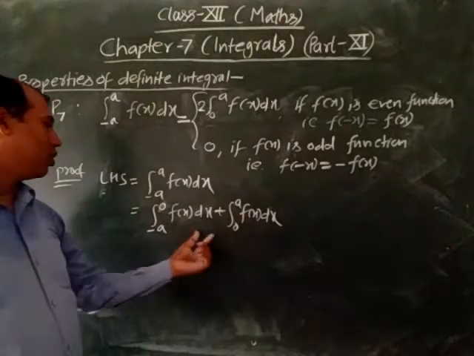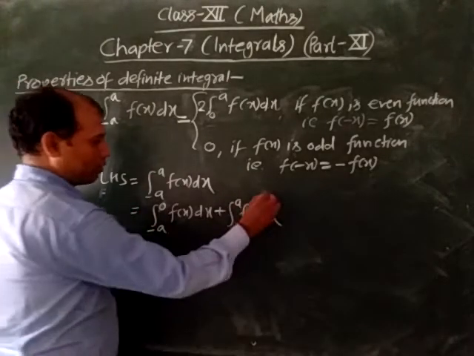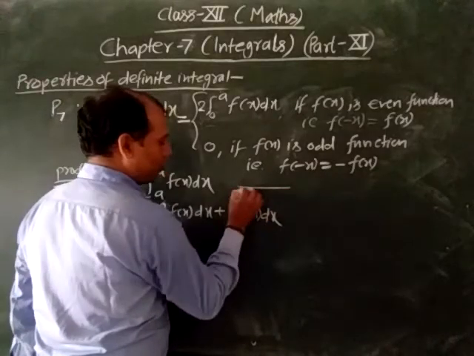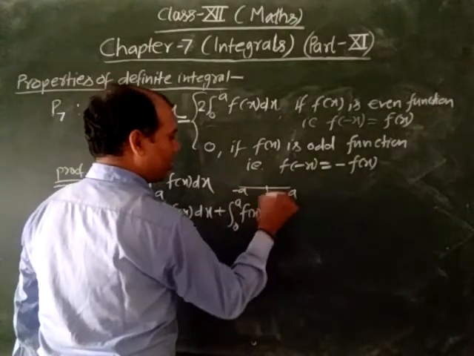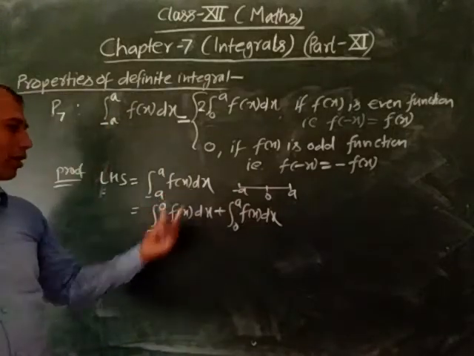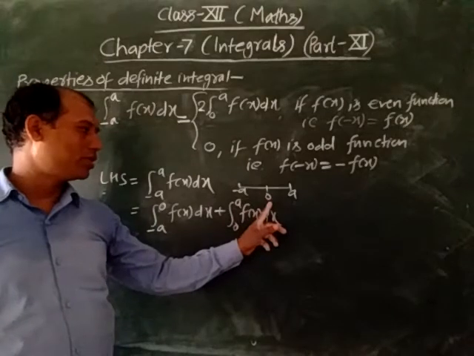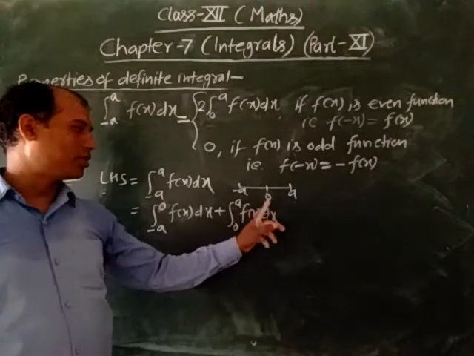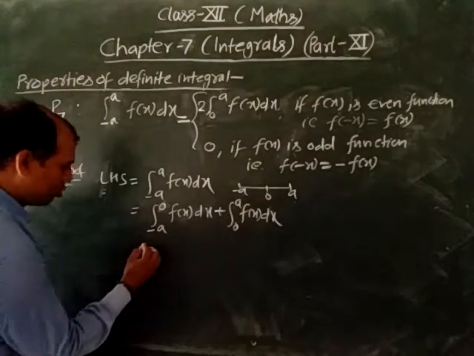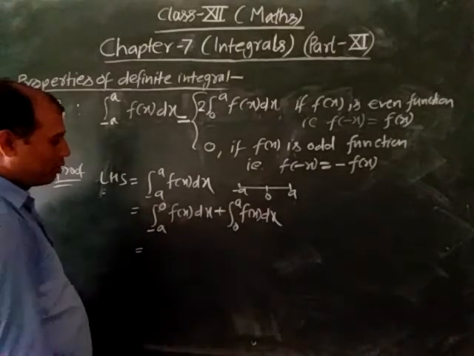It is so because 0 lies between minus a and a. So we can split this integral into two integrals. One integral has the limits minus a to 0, and the next has the limits 0 to a.